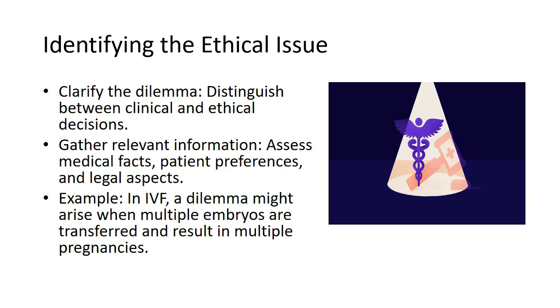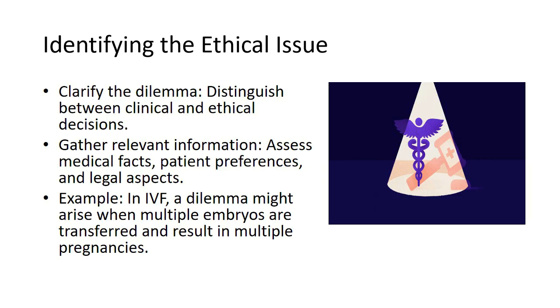B. Gathering relevant information. Clinicians should gather all relevant information, including medical facts, patient preferences, and societal implications. This includes understanding the patient's medical condition, the risks and benefits of proposed interventions, and any legal or institutional guidelines.